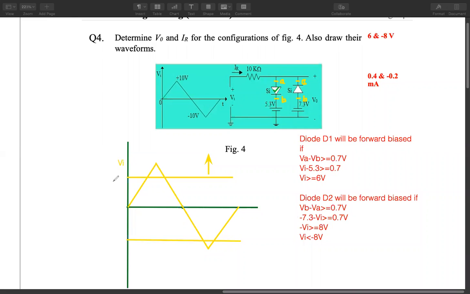This is equal to 8 and this is equal to 6. Maximum voltage is, and here also it is minus 10.